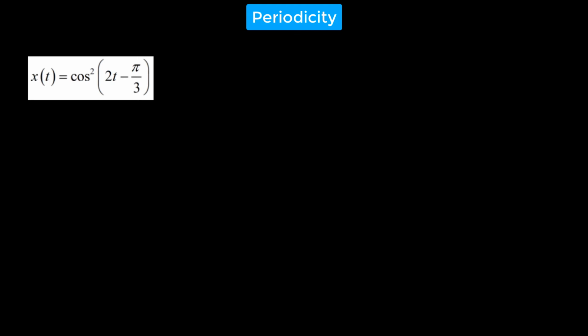This is quite similar to the previous problem. Here also we have a squared cosine function, so let us first reduce it to a simplified form. We apply the same formula.